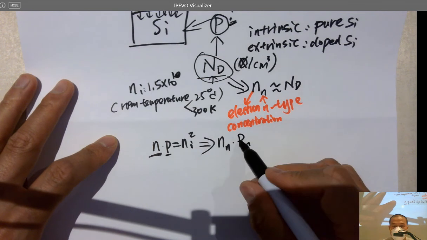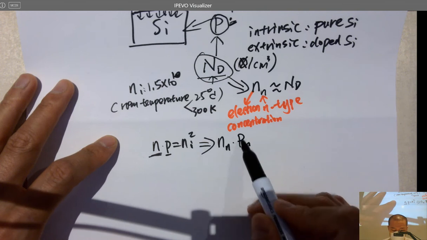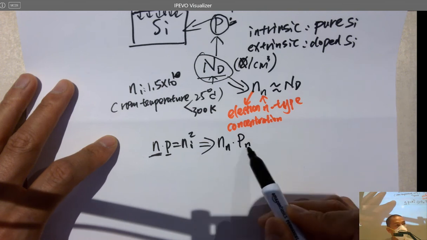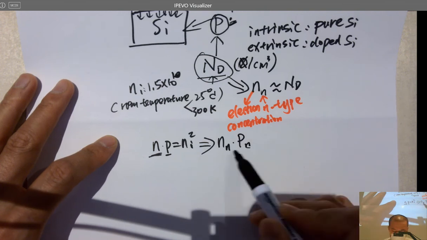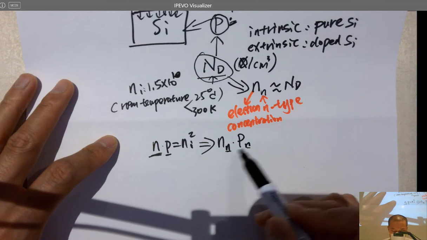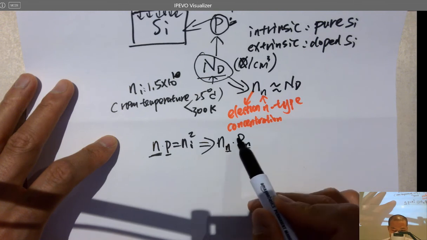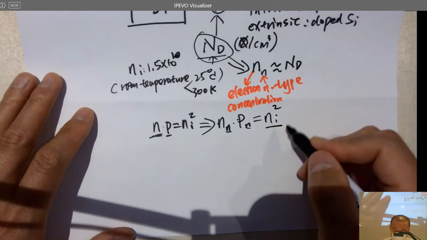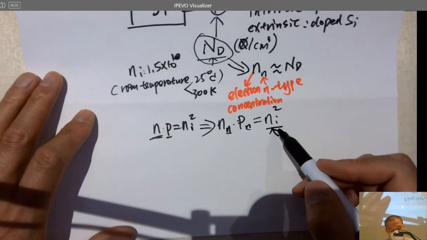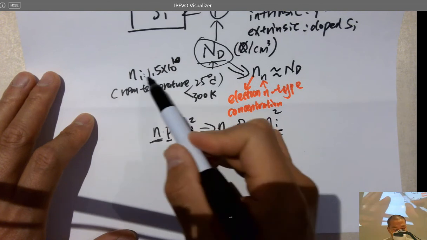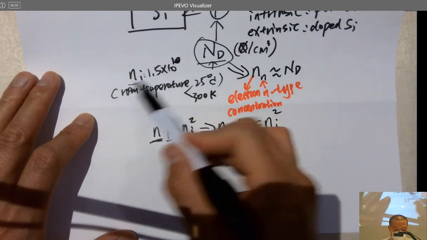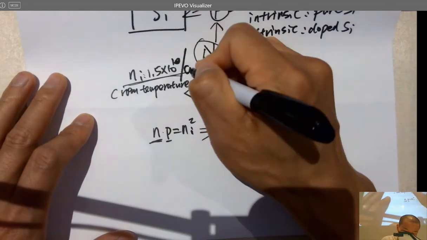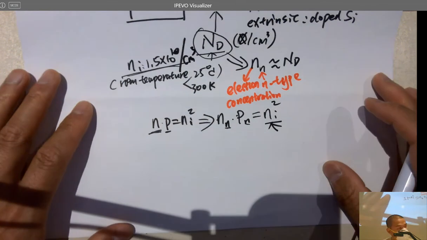It's an N-type with a concentration of the holes, so that's why it's written as Pn. Here the first letter is always the material type, N-type, then the concentration of the electrons or holes. And this also equals ni squared, which is the concentration of free electrons at room temperature for intrinsic silicon. It's always this number per cubic centimeter.